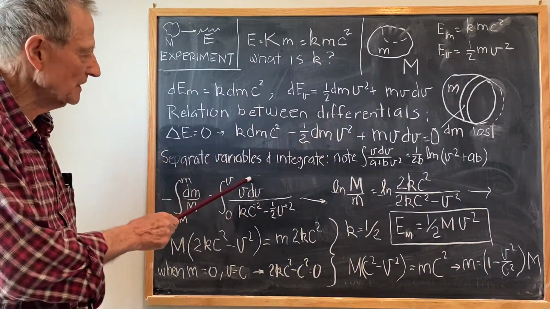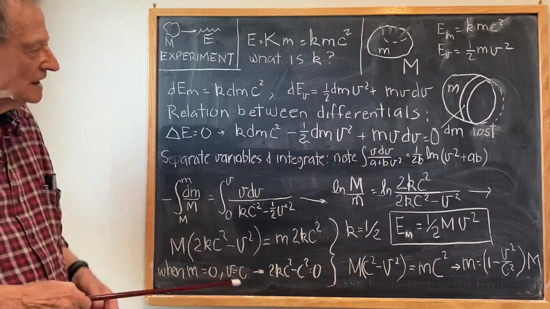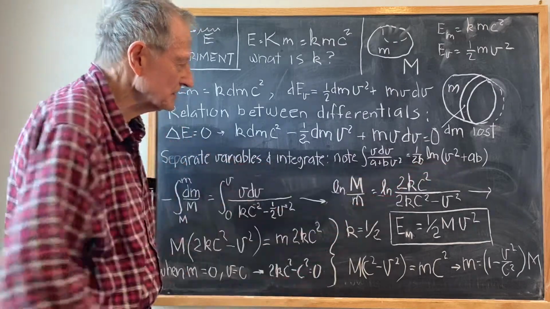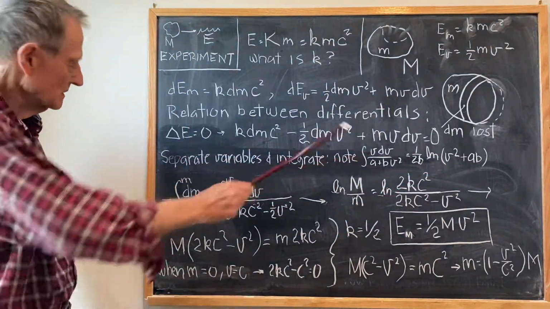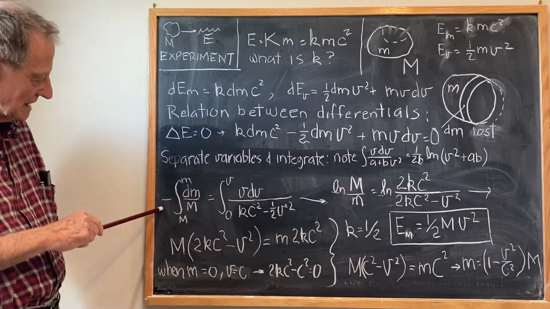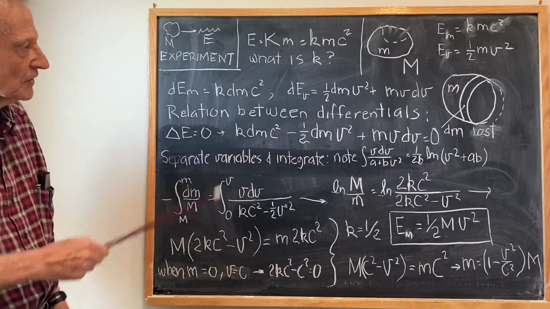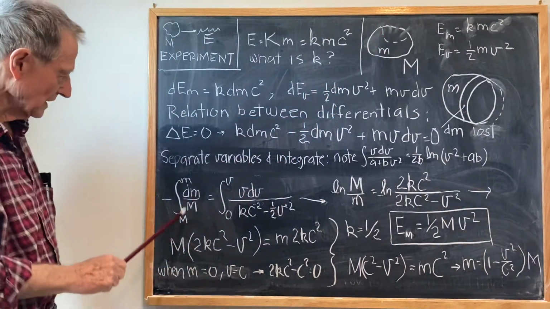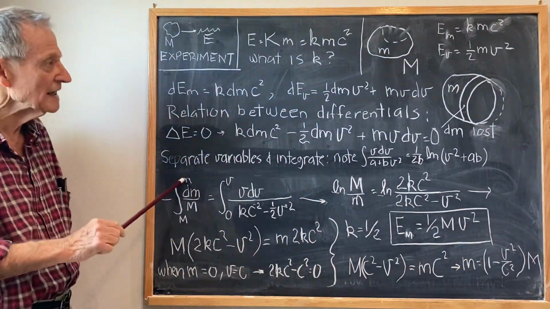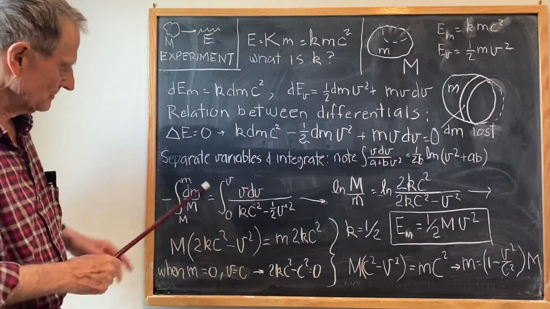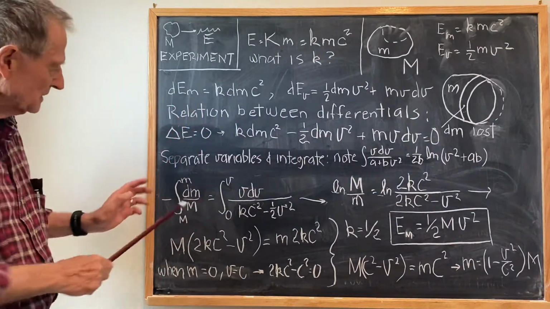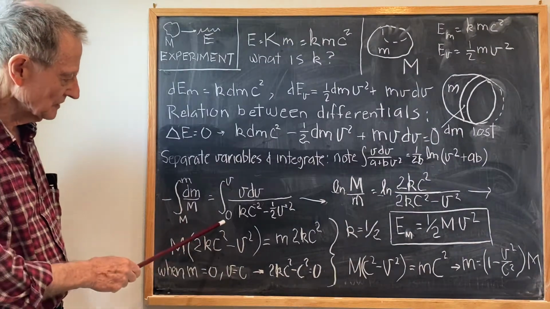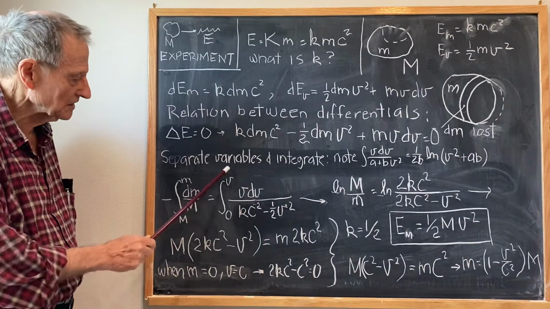If you separate the variables and integrate, noting that the integral of v dv over a plus bv squared is 1/2b log of a plus bv squared, then you do the integration, and the limits for m is that m goes from being the entire mass M to m, and I'm integrating at an intermediate step where I'm integrating from M to m, and the velocity starts off at 0 and goes to v.